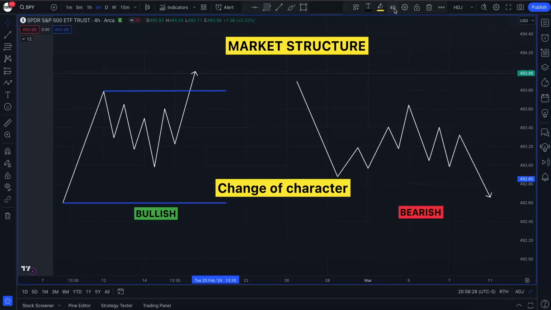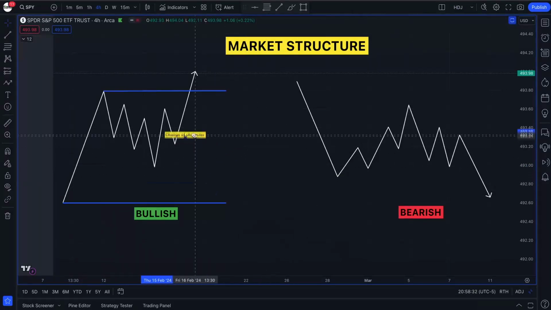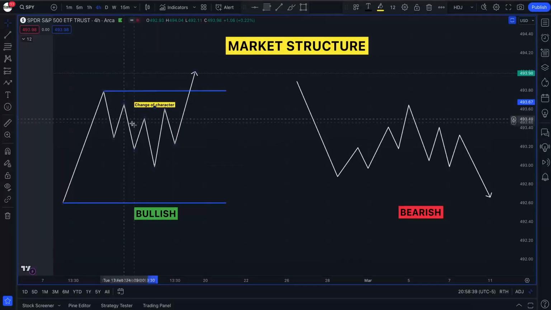Okay, so this is a change of character. When we're going to the downside, and then we pull back up and we make a higher high, that's a change of character, because this point is higher than the previous point.